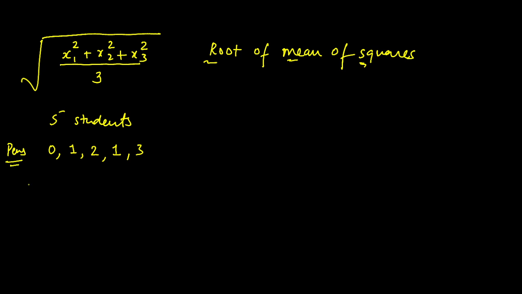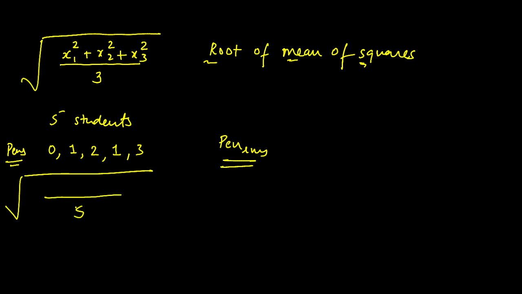Now if I want to find the RMS of pens, that is the root mean square of the number of pens, let's see what we will have. First of all, we take the square root of the average of squares.